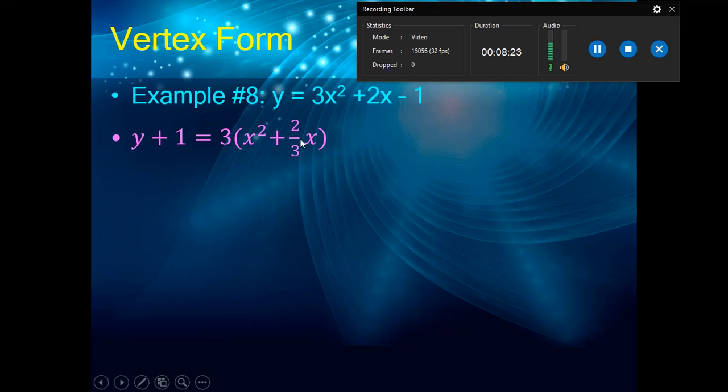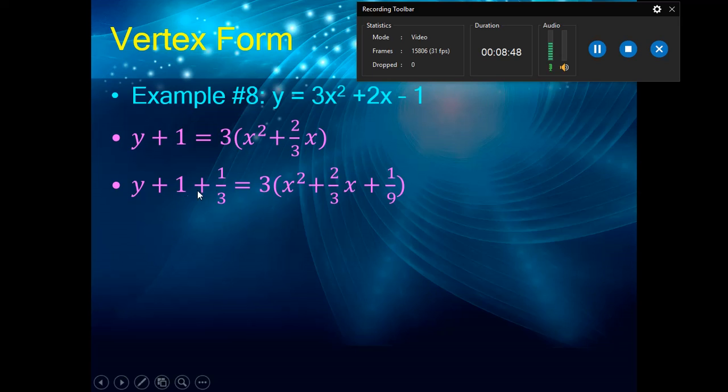I did this on my iPad, but 2/3 divided by 2 will give me 1/3, and 1/3 squared is 1/9. So on the right, I'm using 1/9 to complete my square, but I need to multiply 1/9 times 3 to complete the square on the left. So I'm actually only adding 1/3.